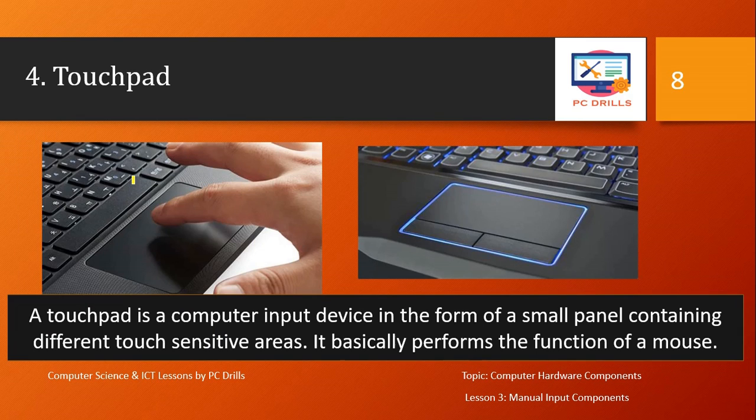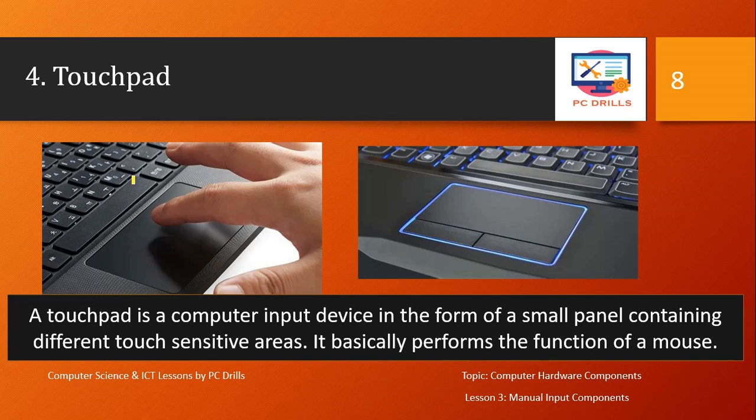Next, we move over to the touchpad. The touchpad here is a computer input device in the form of a small panel containing different touch sensitive areas. It basically performs the function of a mouse, something I just told you a few seconds ago if you are following. On the left, you can see a finger demonstrating how it works.